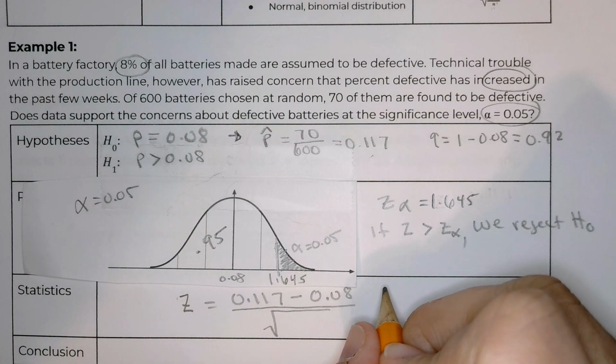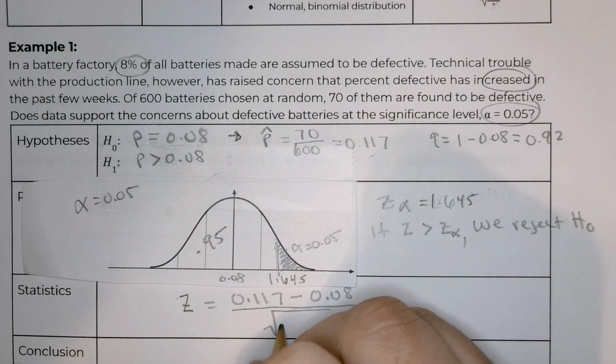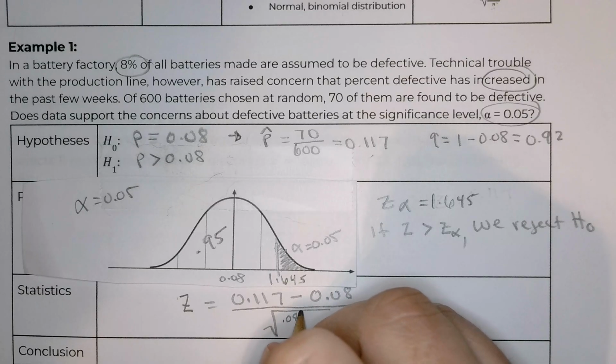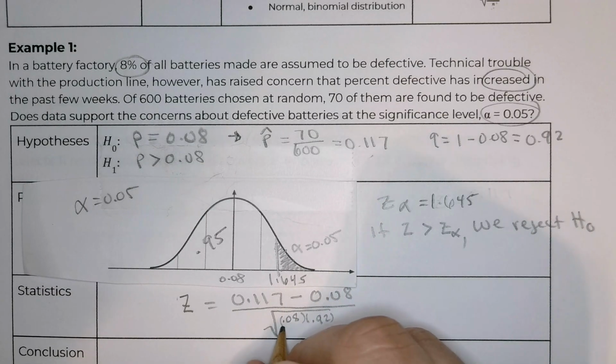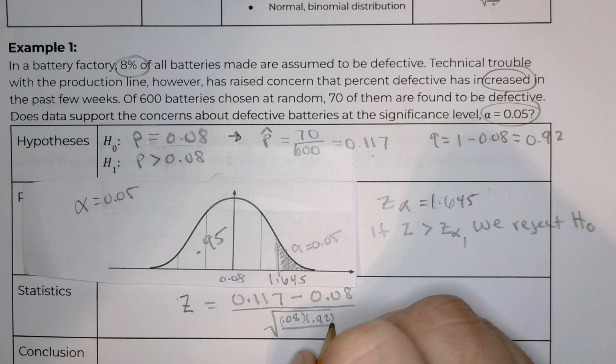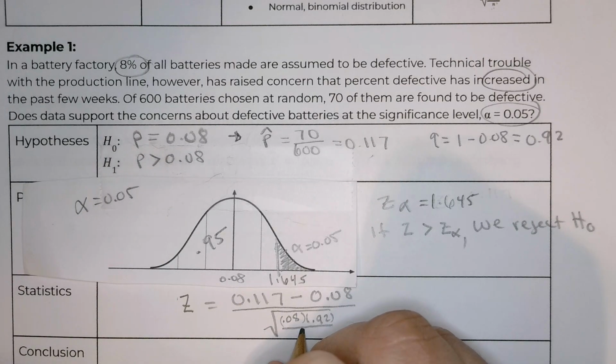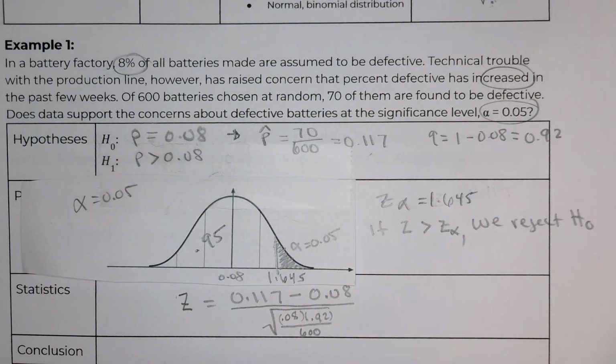So we're going to do 0.08 times 0.92, which is why we found those numbers earlier, and the sample is 600.